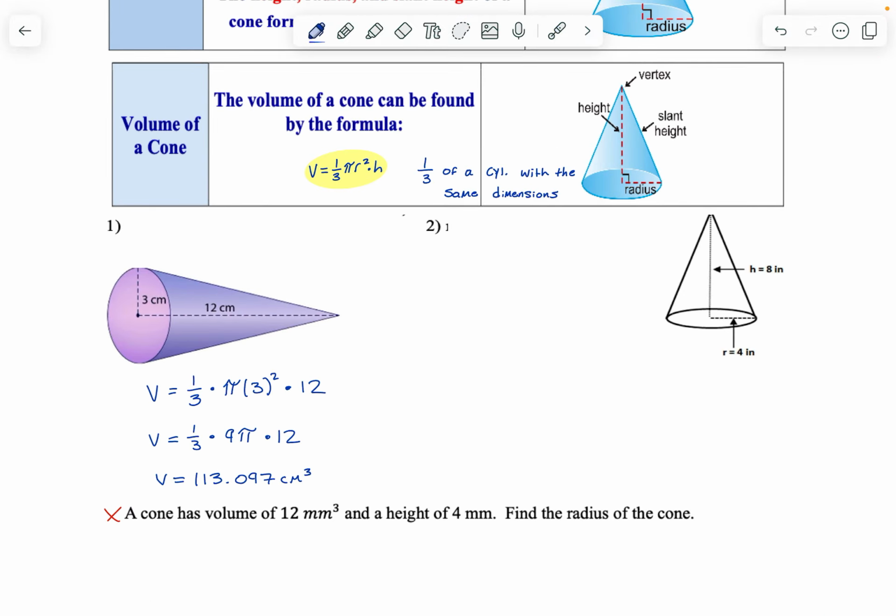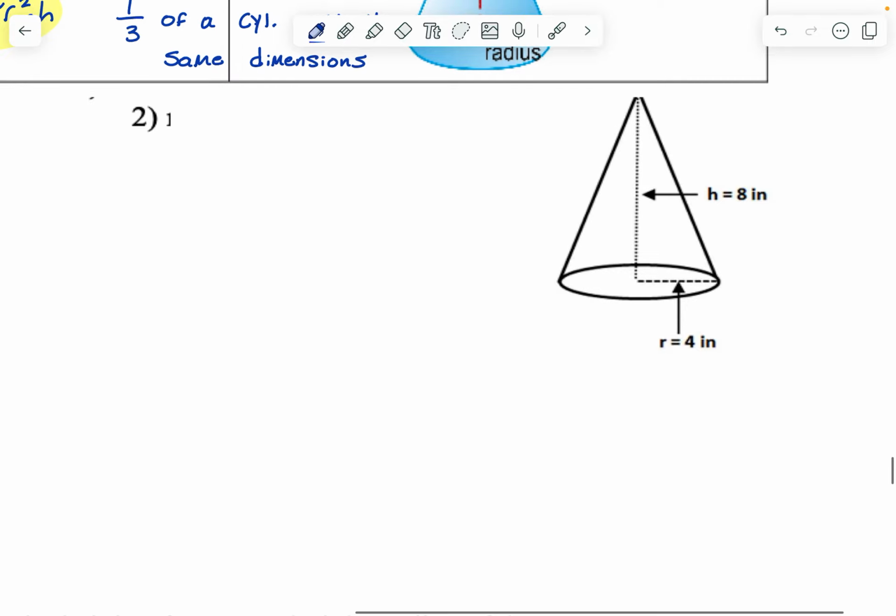Then the last one that we got today, problem 2. I would like you to give this a try. Please pause the video, take a second to look at this problem. Volume is equal to 1/3 times pi r squared, my radius is 4, times my height, 8.